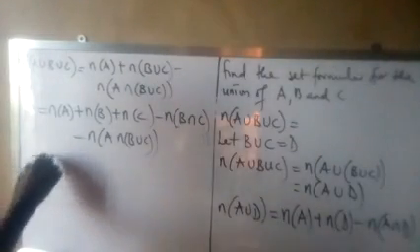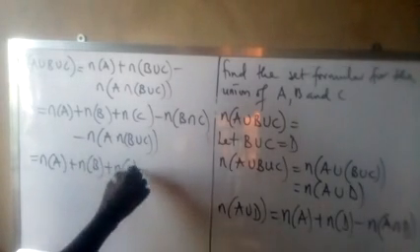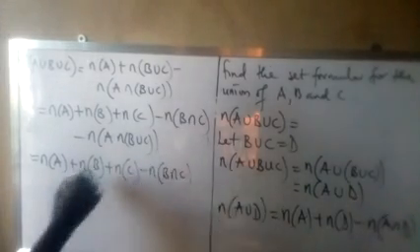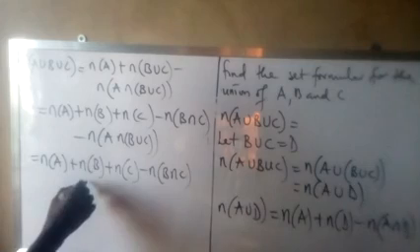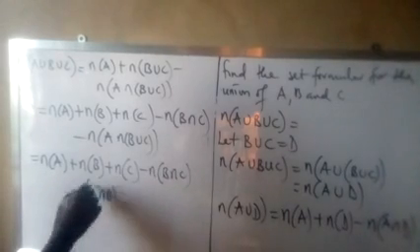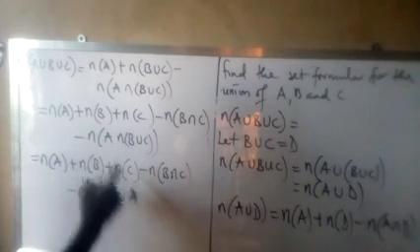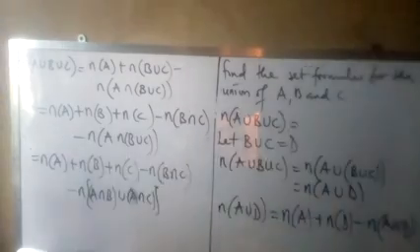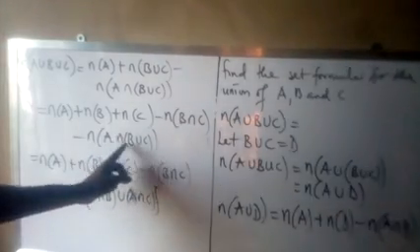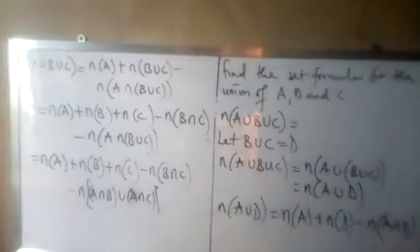So this one will be the number of A plus the number of B plus the number of elements in C minus the number of elements in B intersection C, then minus the number of, we can actually expand this so that we won't run into trouble, the number of A intersection B union A intersection C. That is by distributive laws, A intersection B union A intersection C. Okay, so with this, we continue using our primary formula.